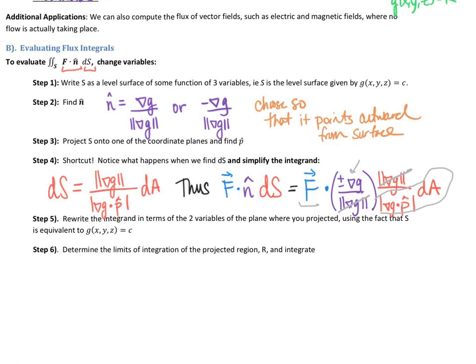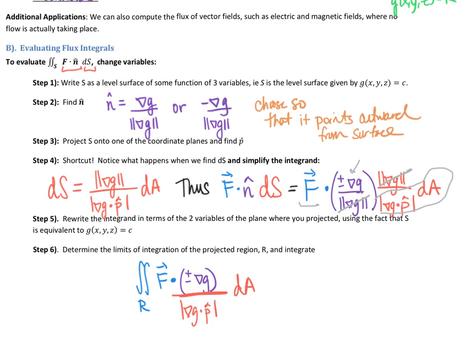But once you do all of that, you will have switched this to a double integral over some region R in the plane where you've projected, and you will be able to rewrite f just in terms of variables from that plane, and you'll dot that with either, we're writing plus or minus, the gradient, and then we'll have times 1 over the magnitude of the scalar component of g in the direction p, and then dA.